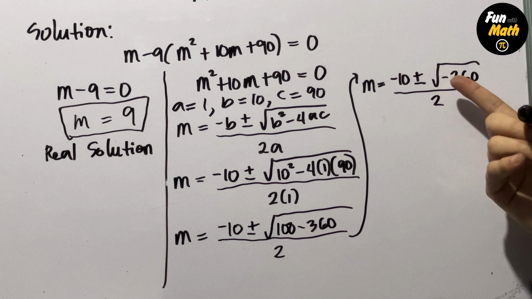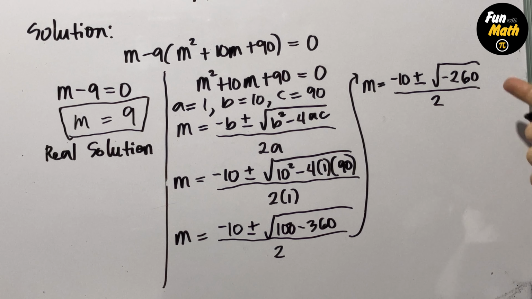And for negative 260, we can split this.